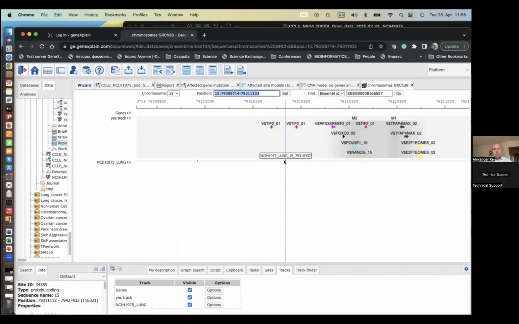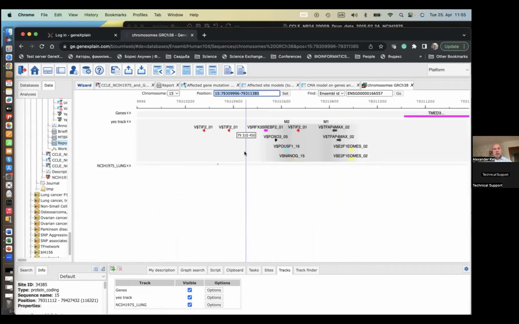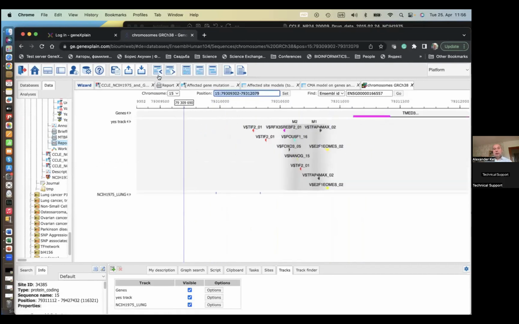For instance, this mutation is located between these two TIF2 binding sites, but we see here clusters of other sites which are not affected by the mutation. But our system analyzed and found that these factors are very important to work together with TIF2. So it means that this mutation may influence the work of the whole system. That's the hypothesis which can be generated here. In this case it's just one mutation, but in other cases you may observe clusters of mutations in those regions.